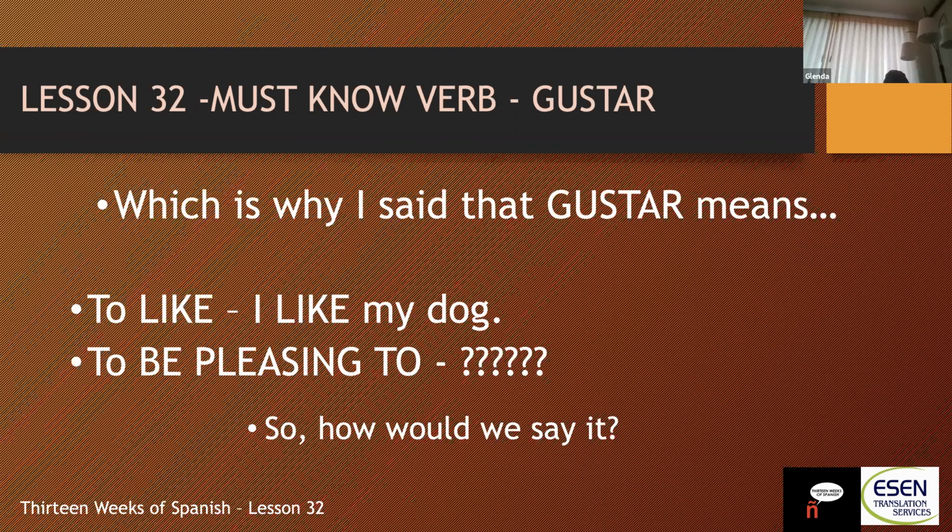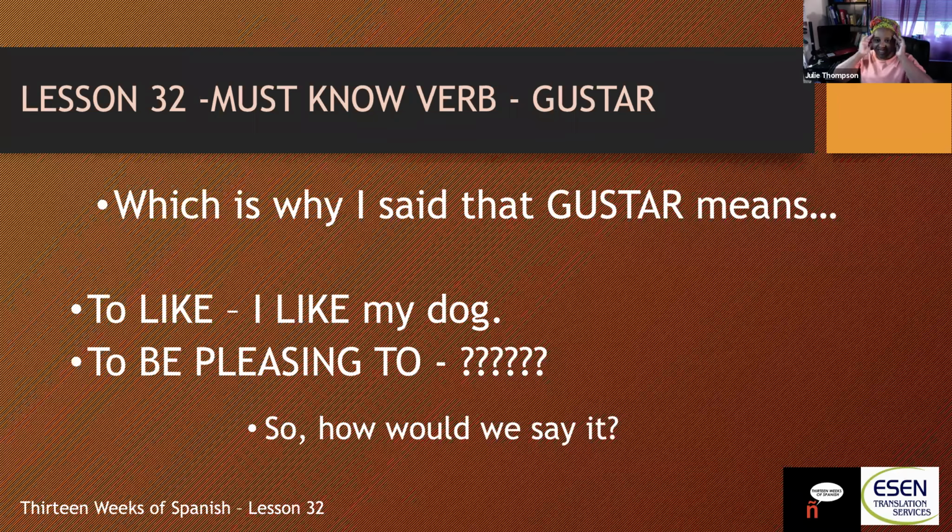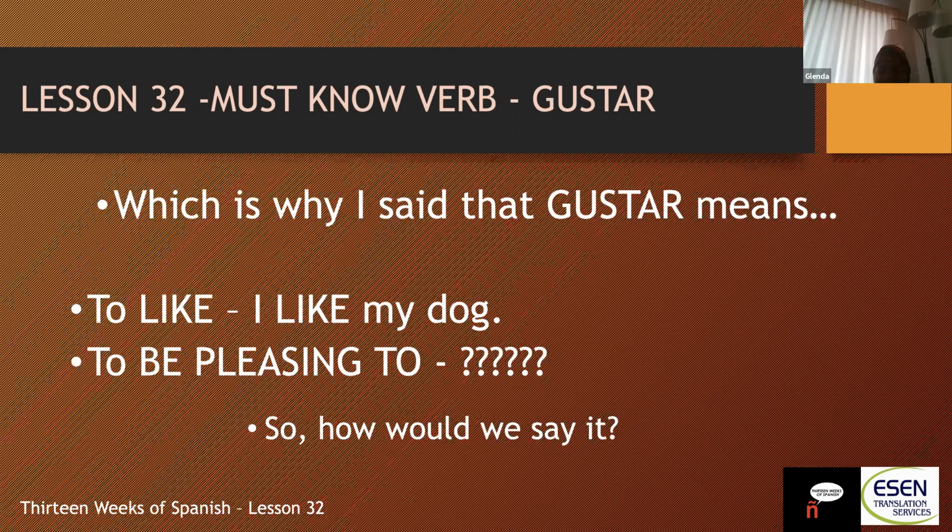So I like my dog, but how would I express that idea with the verb to be pleasing to? The O that you're saying is the key, Glenda. It's good that you're saying O. Because that's the switch we have to make from English to Spanish.